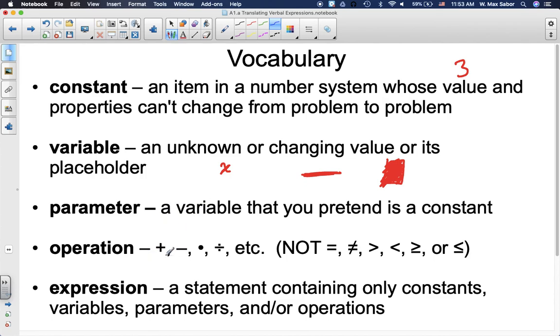Operations are things that change numbers from one thing to another. It doesn't have to change. If you add 0, that's technically an operation. So if you add 0 to x, addition is still the operation. But it's not comparing things together, so all these symbols are not operations. An expression is a statement containing only constants, variables, parameters, and operations. So there's not going to be a comparison symbol, no equal sign, or any of the others.